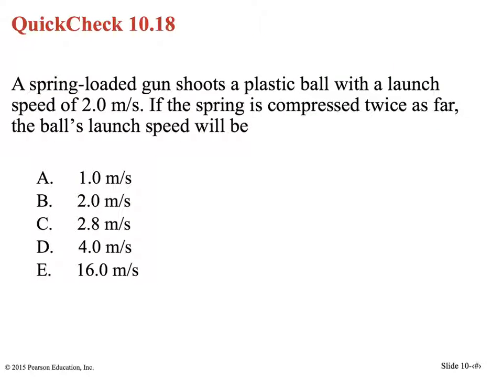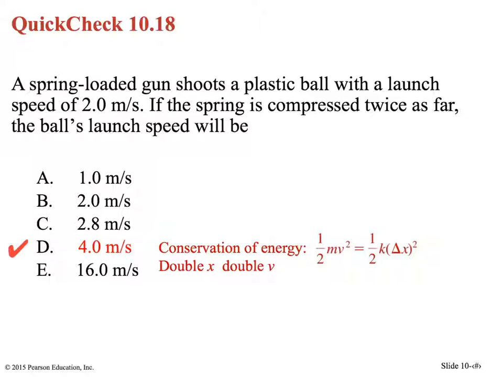So if we look, a spring-loaded toy gun shoots a plastic ball with a launch speed of 2 meters per second. So if the spring is compressed twice as far, the ball's launch speed will be what? Well, what we need to look at for our change in speed is going to be the amount of work added to it. So if we look here in our conservation of energy, my kinetic energy is going to change by the amount of spring energy added.